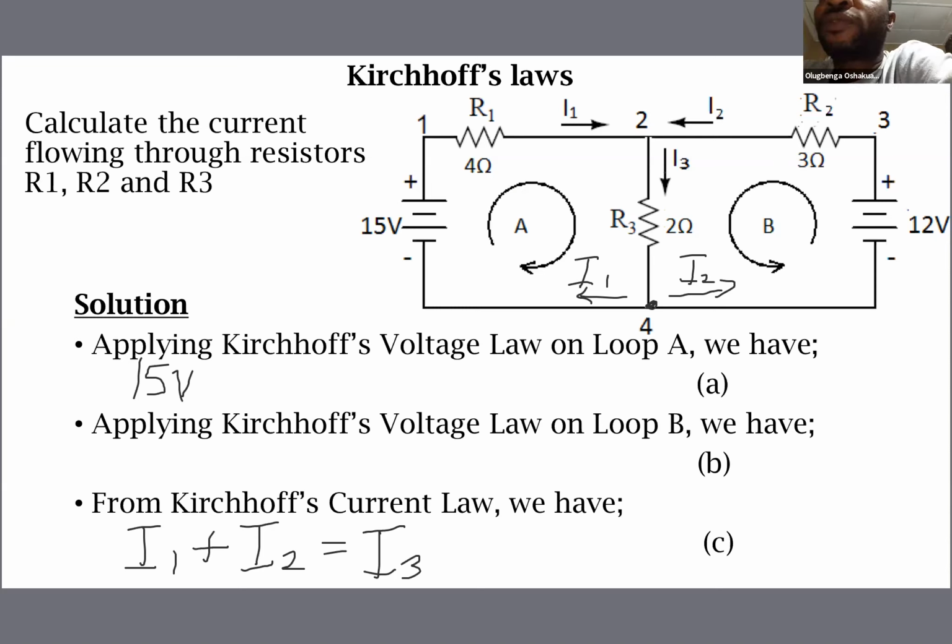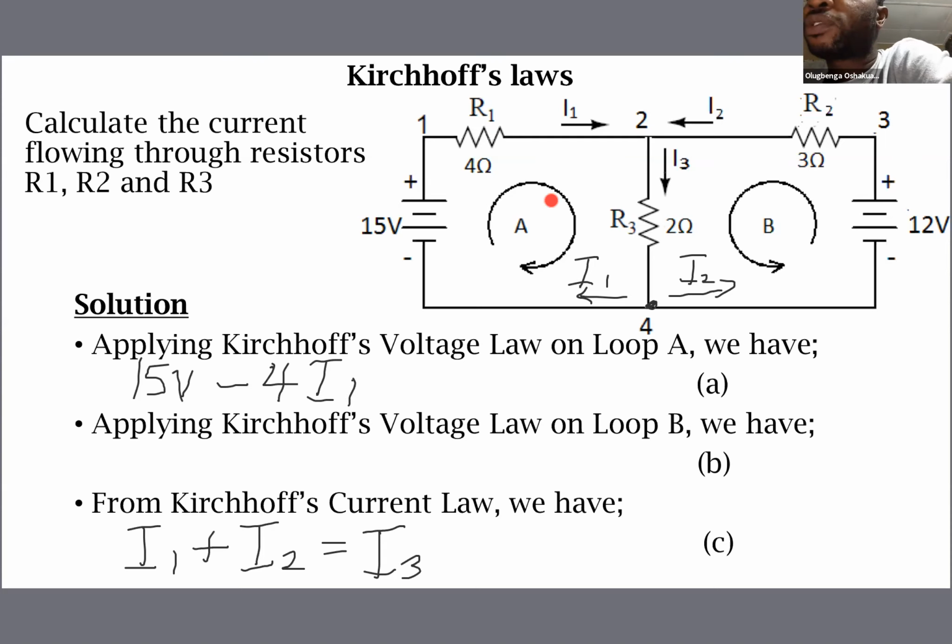Because the direction with which we are traveling through our loop agrees with the direction of flow of I1, that will be a minus. That will mean minus I1 R1. Since R1 is 4 ohms, minus I1 R1 will be minus 4 I1.